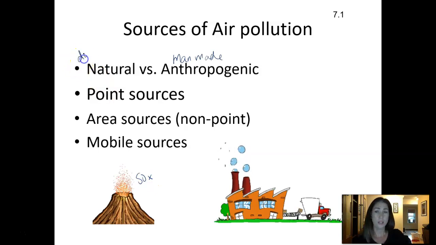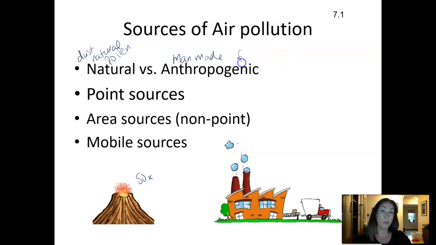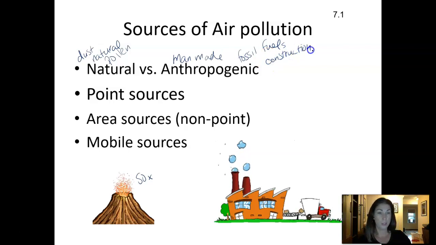Also things like dust and pollen might be natural sources of air pollution. And for our anthropogenic or man-made ones, most of those are going to be coming from the burning of fossil fuels. Another big one is construction. That can be a source of anthropogenic dust particles or other components from construction sites. So there are both different types of air pollution.